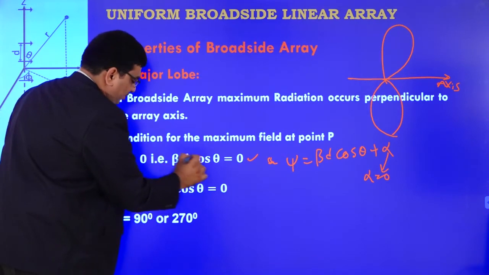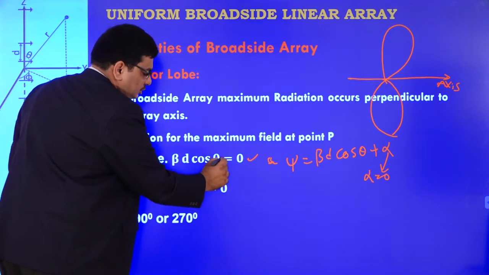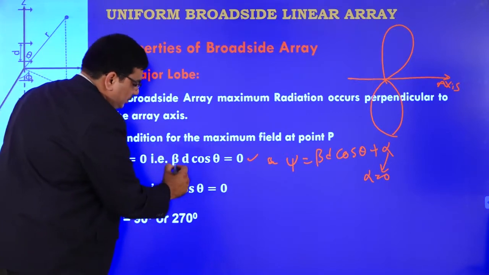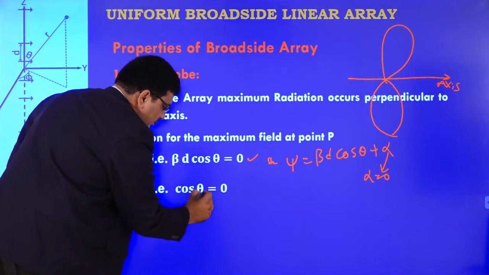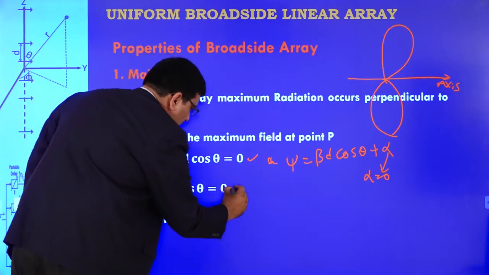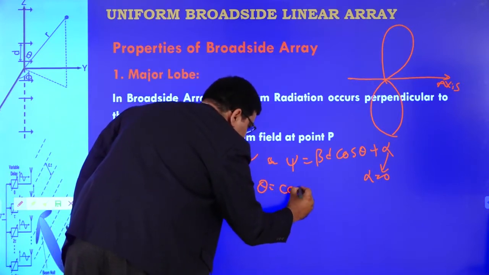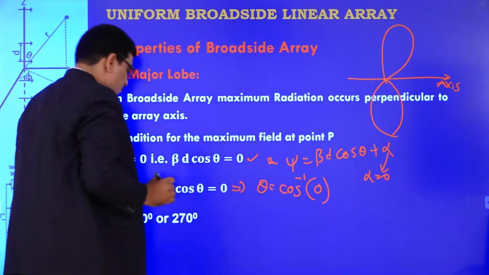So the phase angle psi equal to 0 means beta d cos theta plus alpha equals 0. Taking beta d to the other side, cos theta is equal to 0. That implies theta is equal to cos inverse of 0.